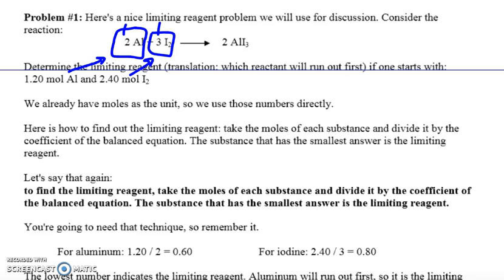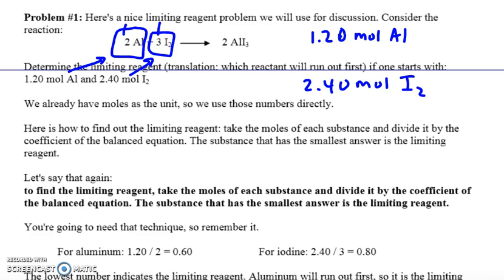So the idea is we need to know how much aluminum iodide we can make based on the quantities on hand. So we're going to use these mole quantities directly, and the way to figure out the limiting reactant is you start with those mole quantities. In this case, 1.20 moles of aluminum and 2.40 moles of iodine.